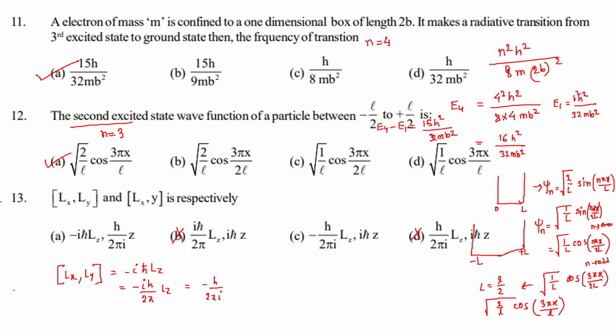Actually, it is not minus. I'm sorry about that. Now the minus will be there: minus h by 2 pi i Lz. So these are the variations that it can have.